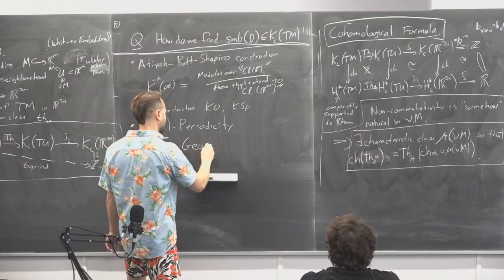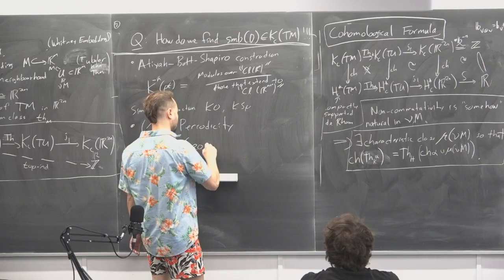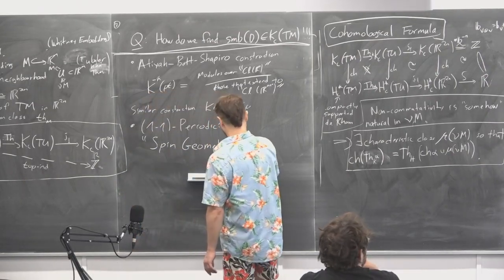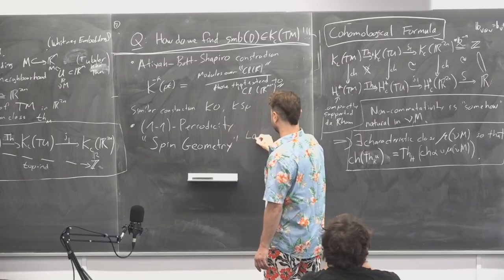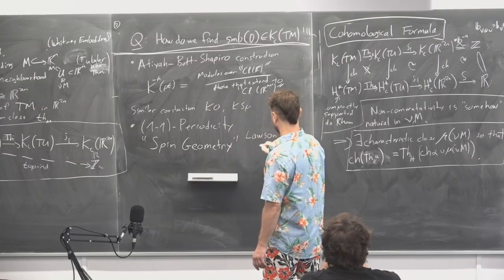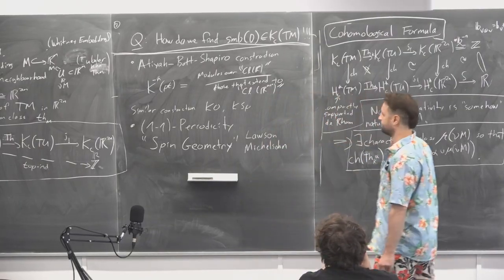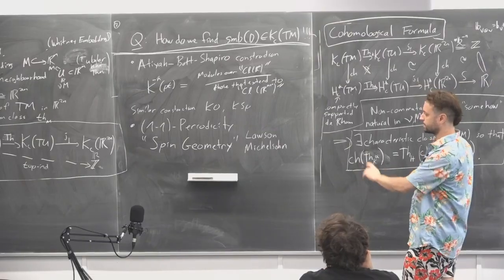It's all about the Clifford stuff. Spin Geometry. There you'll find actual statements. I'm going to spell at least one of their names wrong here. I think it's Michelsohn. Something like that. So this is the textbook.